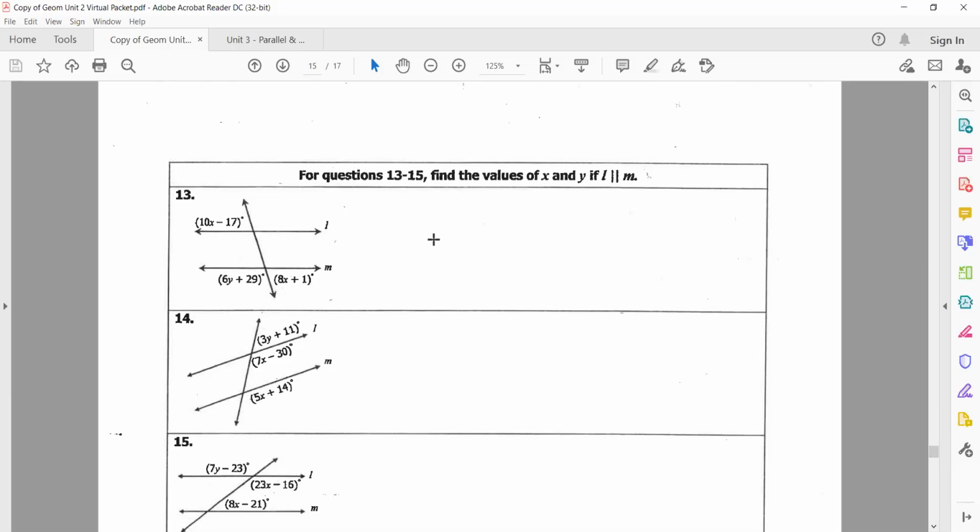So this is all about the definitions that we just talked about, guys. These are the parallel lines, right? L and M are parallel. This angled vertical line is your transversal. I see two expressions here that have an X in them. One up here and one down here.